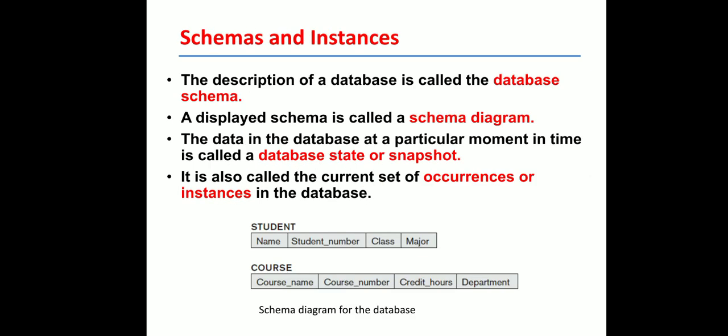Next important concept is schemas and instances. The description of a database is called the database schema. Schema is nothing but you are going to represent the database by assigning the data types and constraints. When you assign data types and any constraints for that database, that becomes your schema.